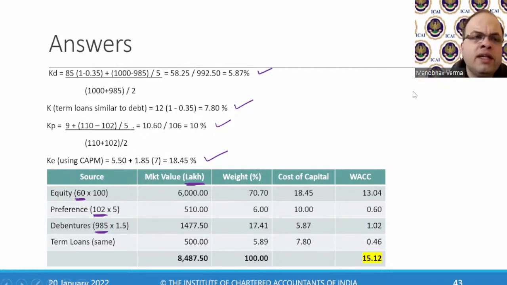So I hope everyone is okay till now. You guys can cross verify your WACC calculations later. Any doubts, let me know.